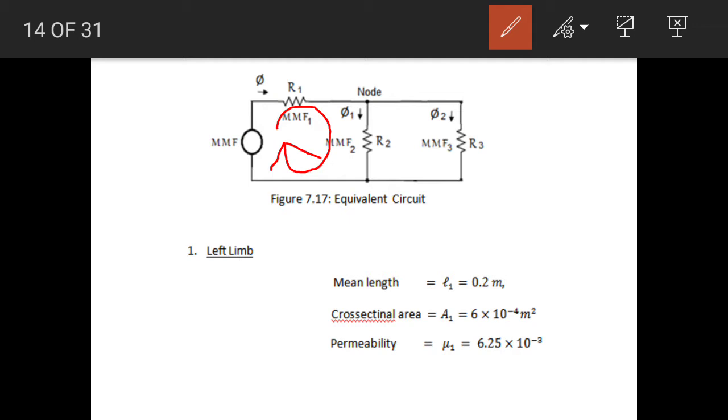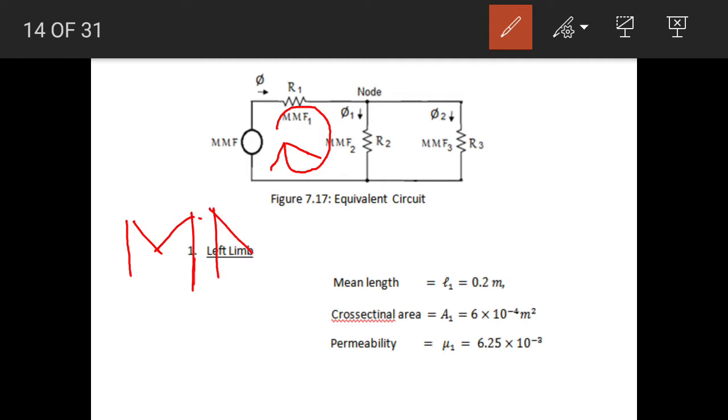We know that the total voltage in an equivalent electrical circuit will be equal to V1 plus V2.